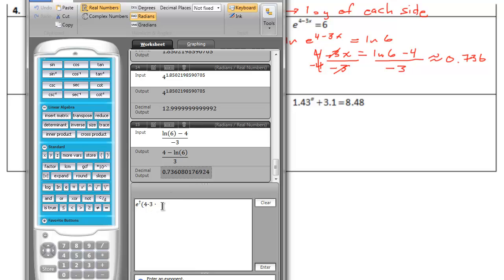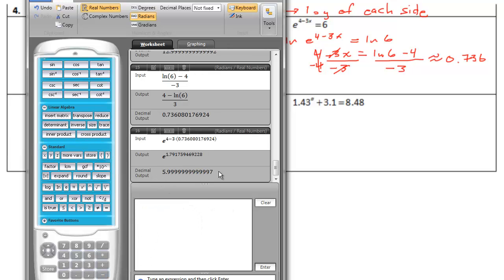Copy, paste, close that off, and let's see if that gives us about 6. Yes, it does. It didn't seem to give us quite exactly 6, but it does work.